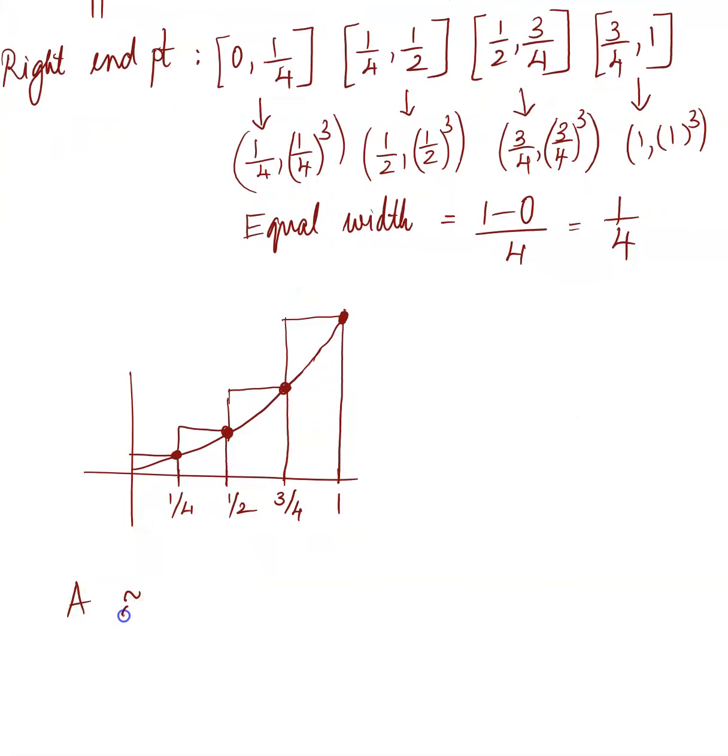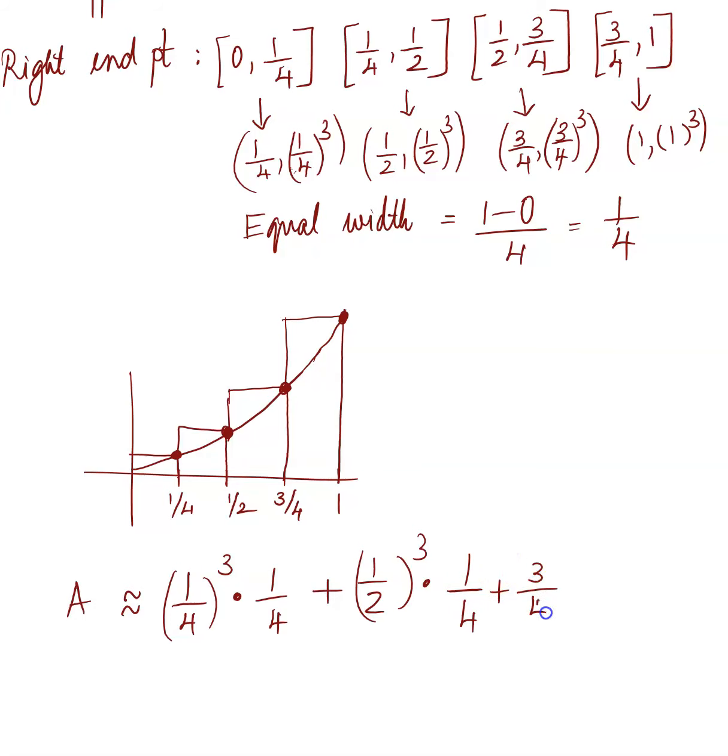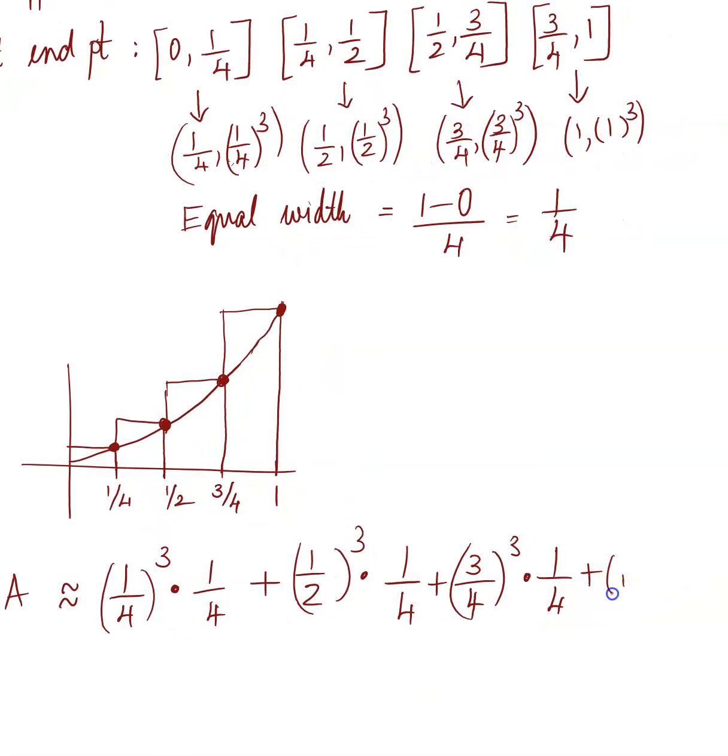Alright, so the area would be, take the y coordinate of the first interval, 1 over 4 the whole cubed, times the equal width, which is 1 over 4, plus 1 over 2 the whole cubed times 1 over 4, plus 3 over 4 whole cubed times 1 over 4, and lastly 1 the whole cubed times 1 over 4.